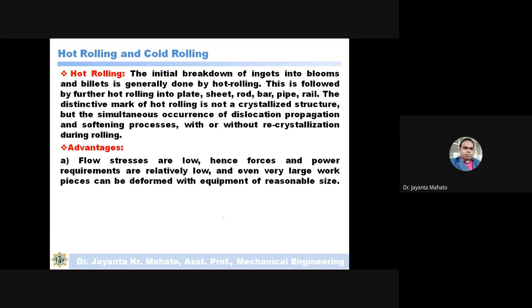So the flow stress required, meaning the stress required to deform a material, is low. Actually, flow stress means the required stress or load divided by area to deform the material. That is called the flow stress, meaning throughout the deformation, the stress required. So this stress may be sometimes more, sometimes less.